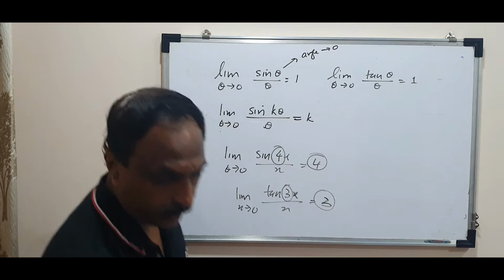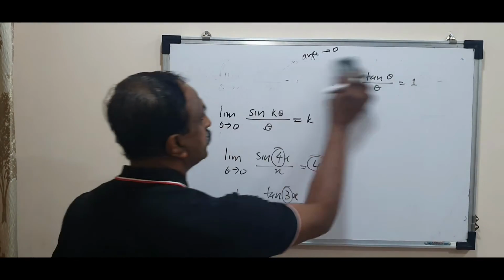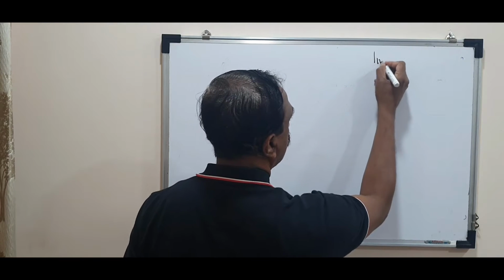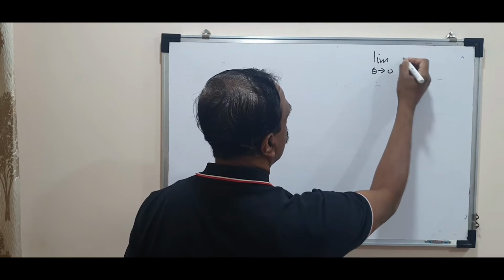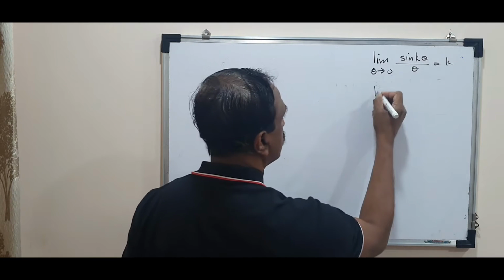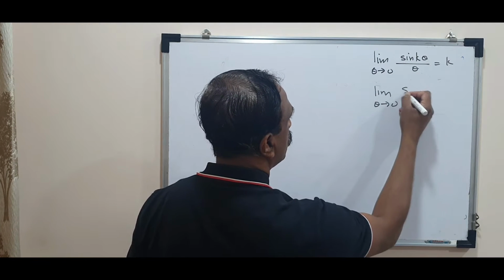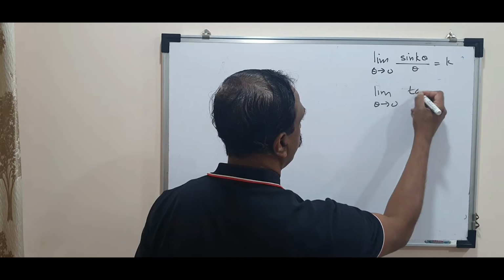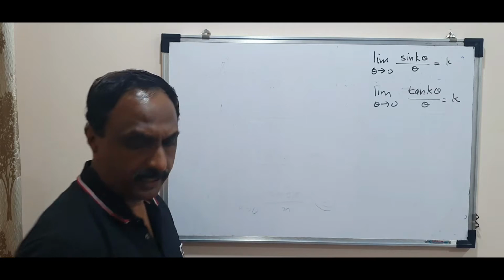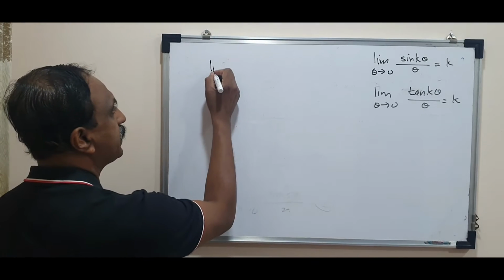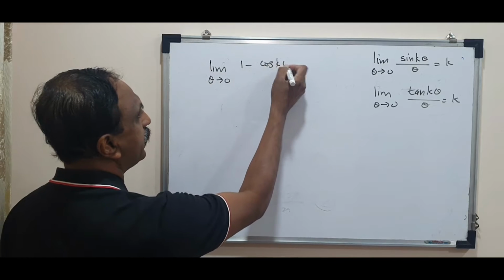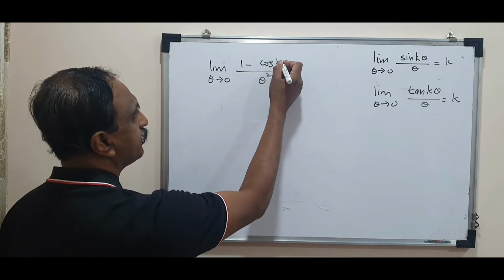Now, one more formula that I want to discuss here is, let me write down the two formulas which I have discussed. One is limit theta tending to 0, sine k theta upon theta is k. Second is limit theta tending to 0, tan k theta upon theta is k. Next, one more formula is limit theta tending to 0, 1 minus cos k theta upon theta square.